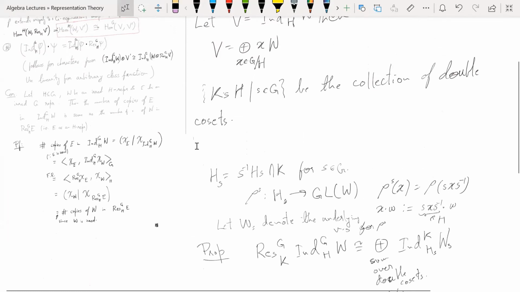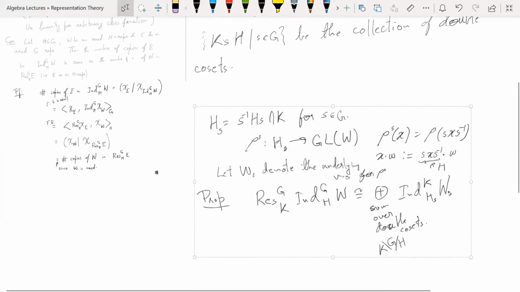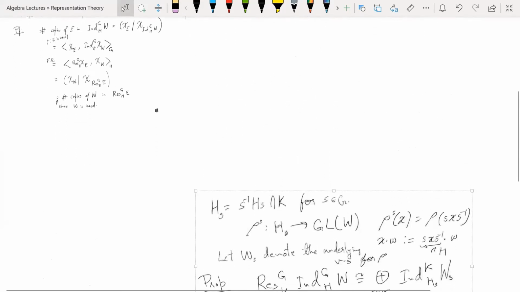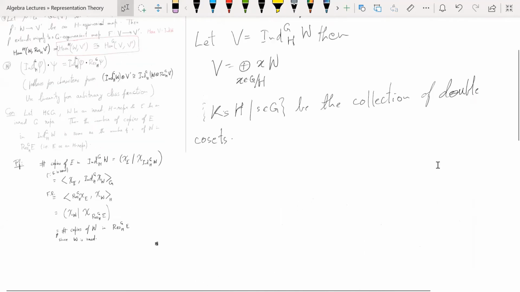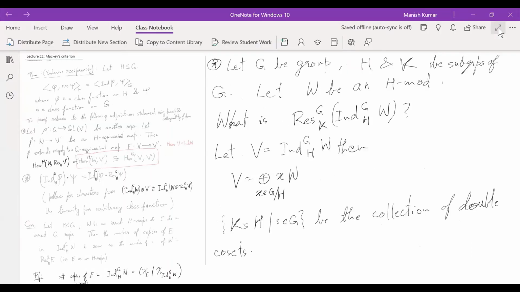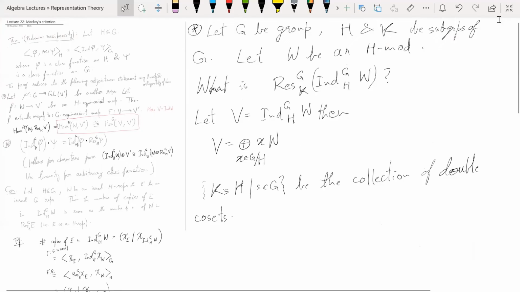I'll move this proposition a little lower. So it's basically combining all the left cosets with entries in K in one bracket.